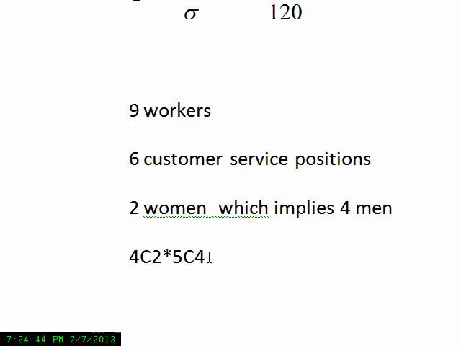So 4 choose 2 is 4 factorial divided by 2 factorial times 2 factorial, and times 5 for the 5 choose 4. And then that 4 factorial can be expanded out to 4 times 3 divided by 2 times 1.